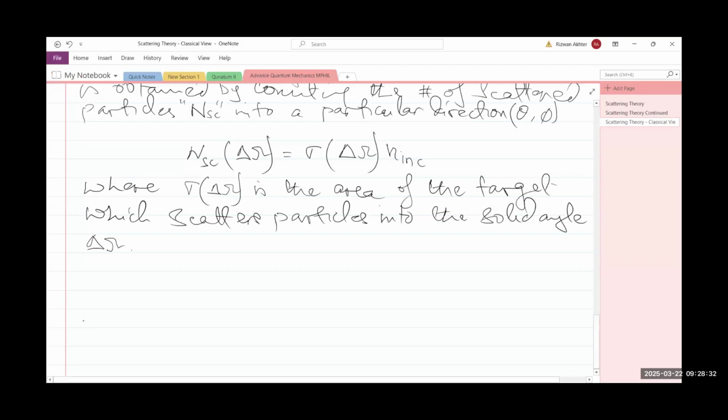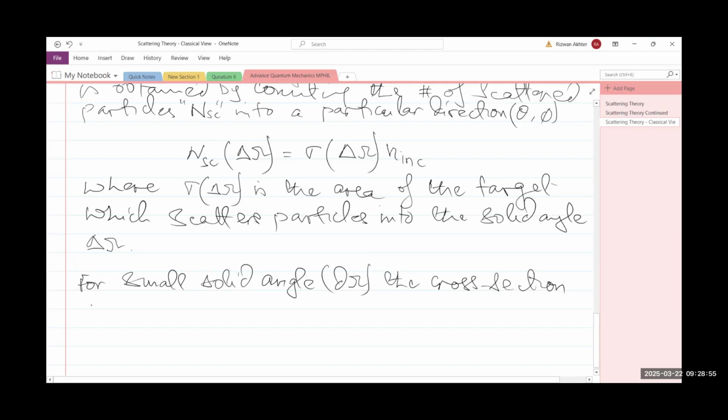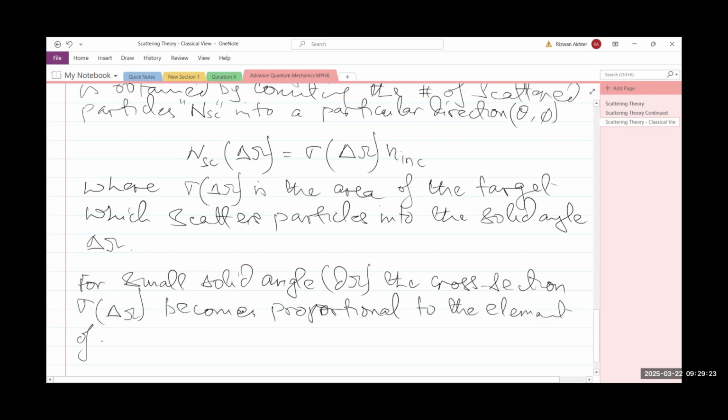So it means that for small solid angles, that is d omega, the cross section sigma delta omega becomes proportional to the element of the solid angle d omega.